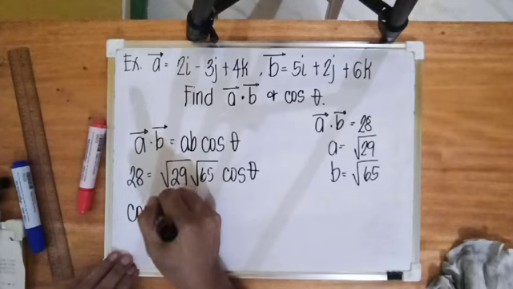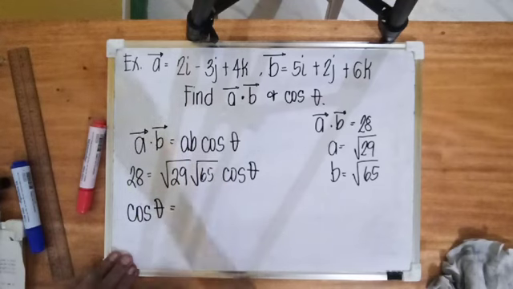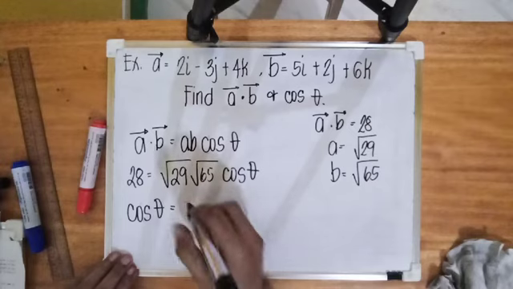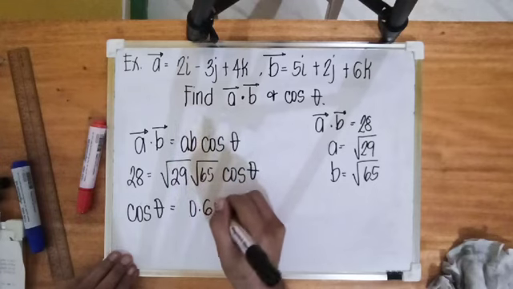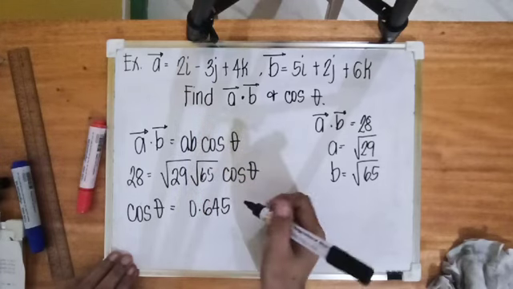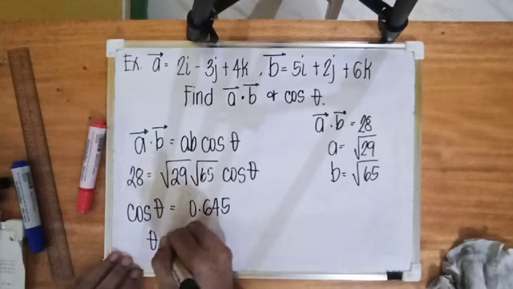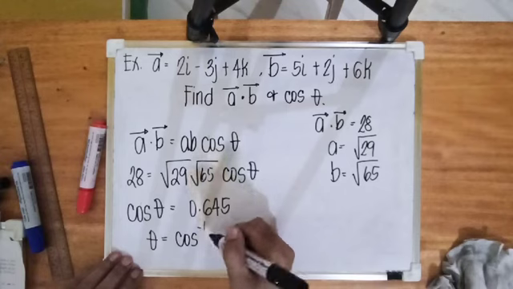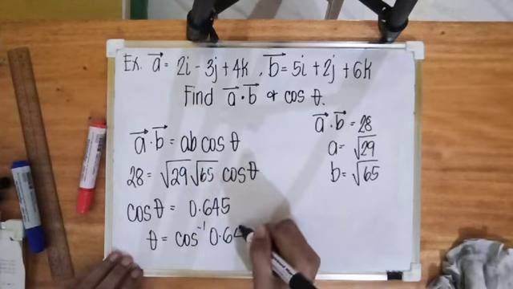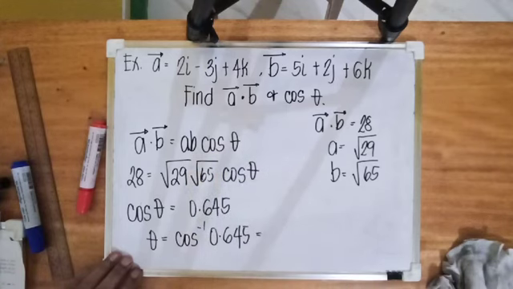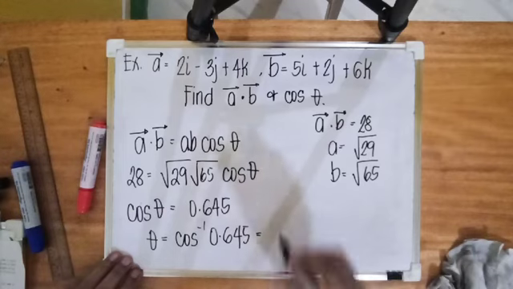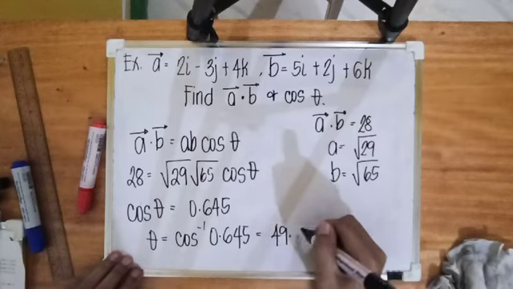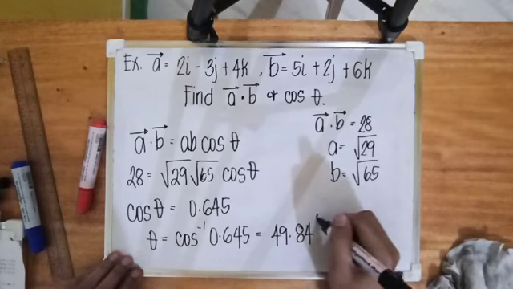Therefore, cosine theta, ito ilagay lang natin sa baba ng 28, so 28 all over the square root of 29 times the square root of 65 is equal to 0.6456, or theta is equal to the arc cos of 0.645, which is equal to 49.84 degrees.